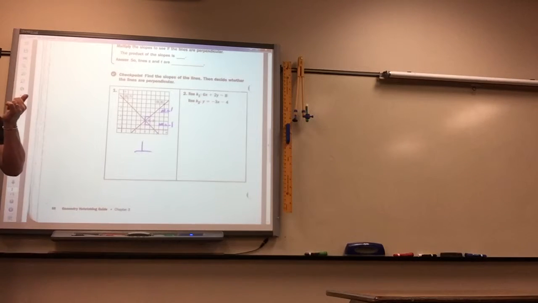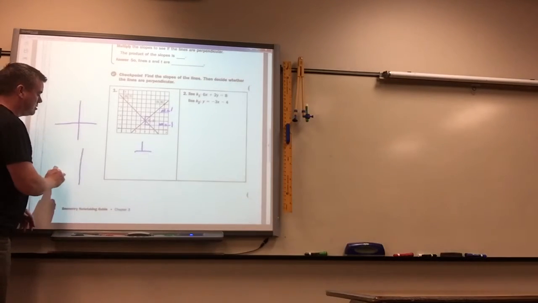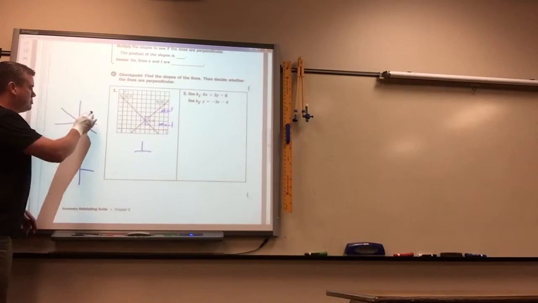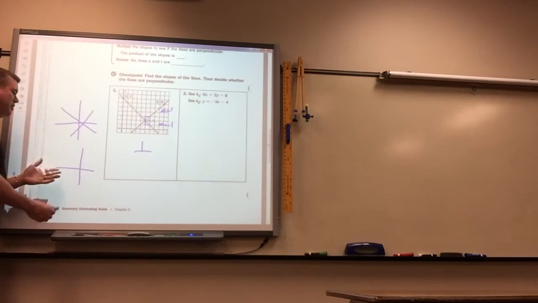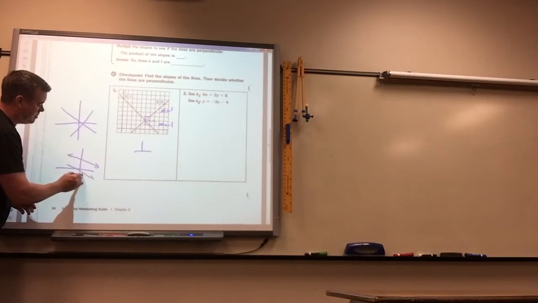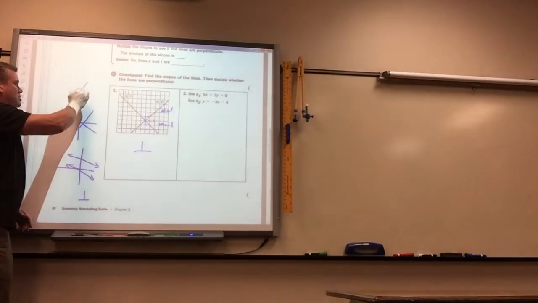When we take this test next Tuesday, Wednesday, or whatever on these 2 sections, probably Wednesday, you have a part of a test where you have pictures like this. And they have numbers on them, and you have to say whether the lines are parallel, perpendicular, or neither. Now, believe it or not, I'll go through this on the review. Every year I've given this test, there's always been someone that, if there's a picture like this, they'll put the answer as perpendicular, or if there's a picture like this, they'll put the answer as parallel.